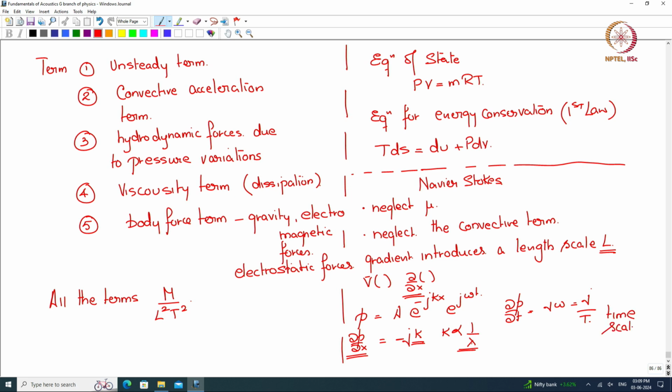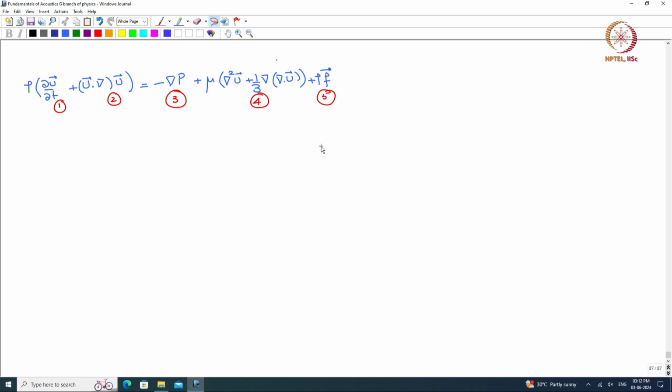This length scale is a wavelength at a certain frequency, and this time scale is the time period of that frequency, because we will be dealing with harmonic waves. That is important: harmonic. In this entire acoustics we will be dealing with this sort of waves. So a gradient introduces a length scale in the denominator.